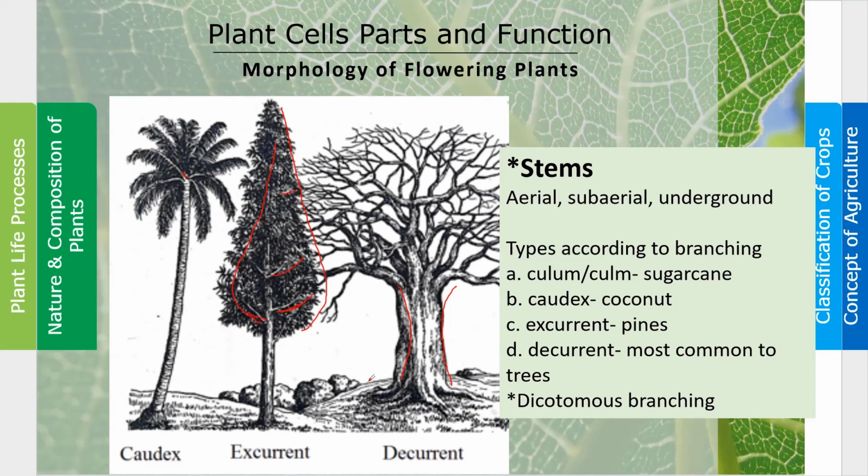And then meron din tayong tinatawag na, this is not a type, although this is a term, no, for branching. We have dichotomous branching. So let's look at this one. So this one is a single branch, tama? Okay, this is a single branch. And then, it will give rise to another 2 branches.